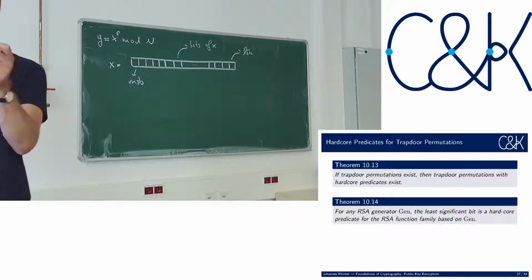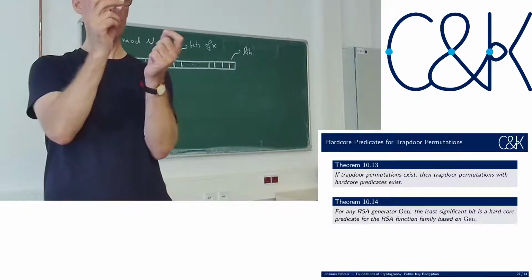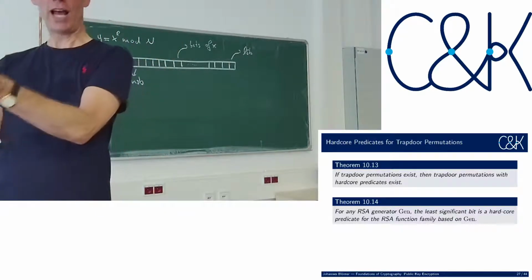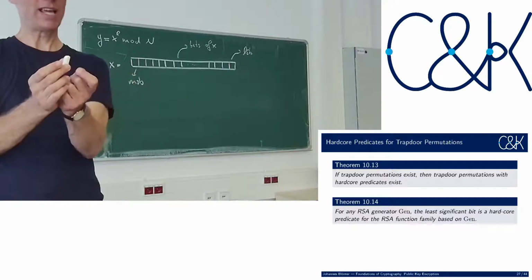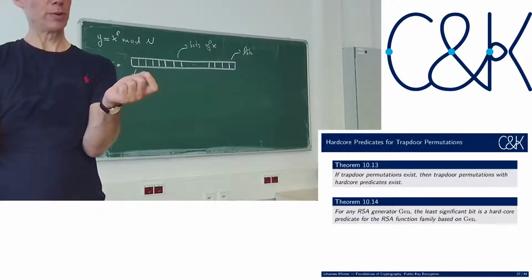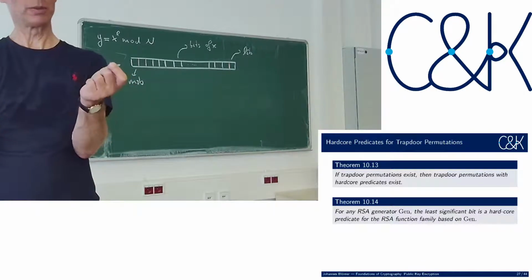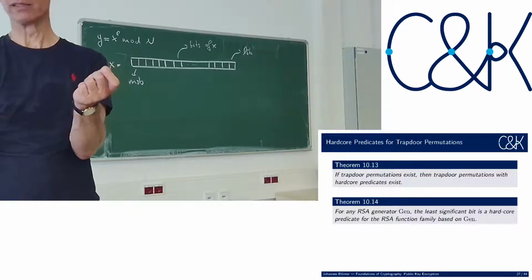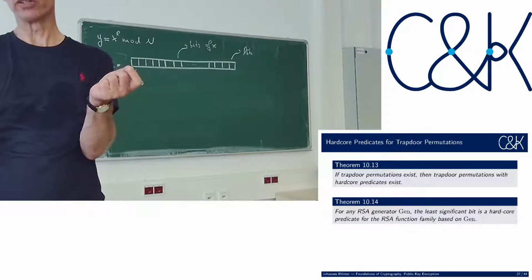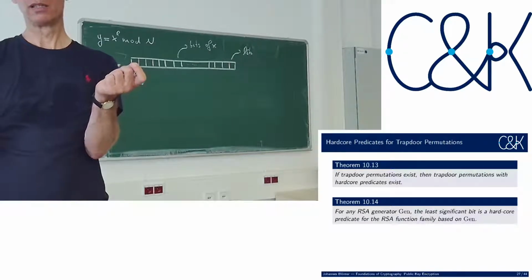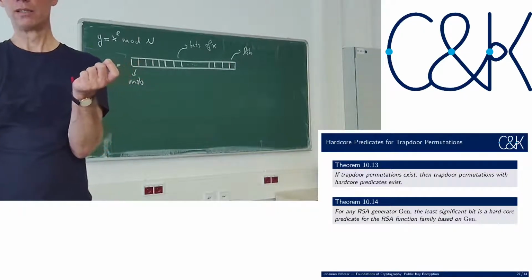If I am able from y to compute the least significant bit, I need to give you an algorithm that computes all of x. Because then an algorithm that predicts or computes the least significant bit cannot exist under the assumption that RSA is hard to invert.